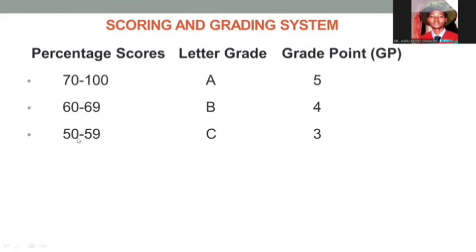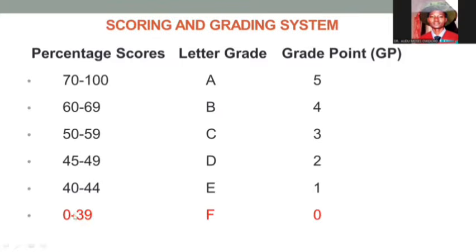Between 50 to 59, the letter grade is C, the point is 3. Between 45 to 49, letter grade D, the point is 2. Between 40 to 44, the letter grade is E, the point is 1.